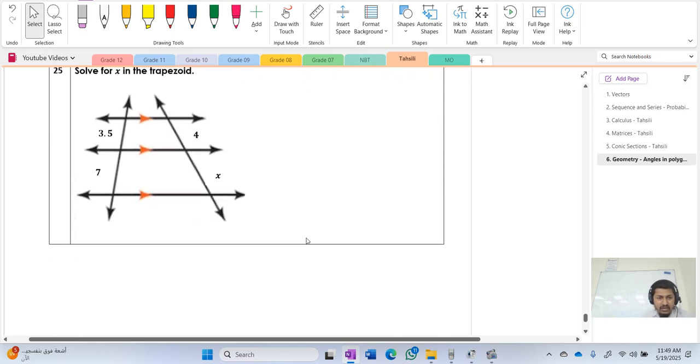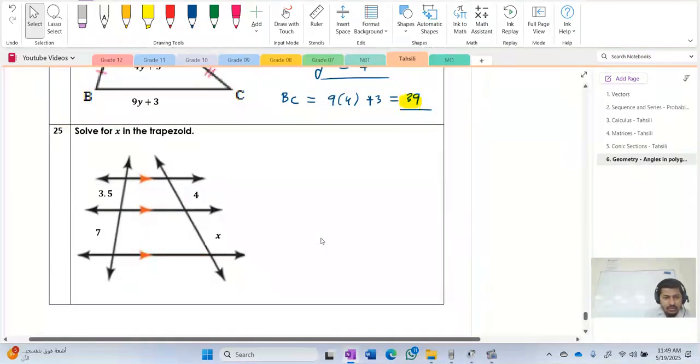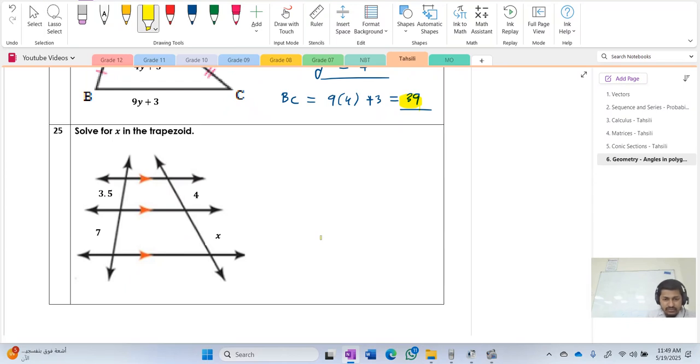We need to look at this, we have parallel lines. We've got 7 and 3.5, and this line is divided in the ratio 2:1. So this here also needs to be divided into 2:1.